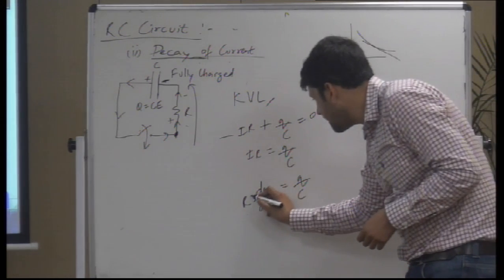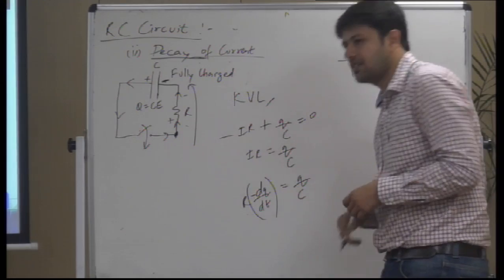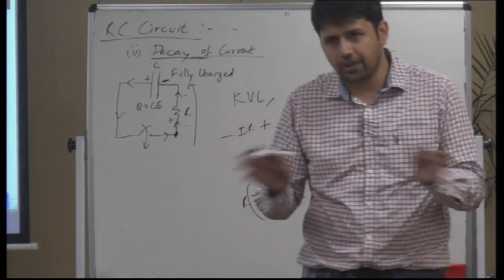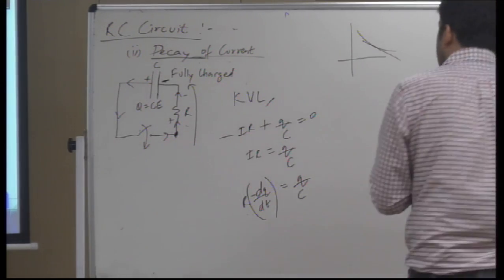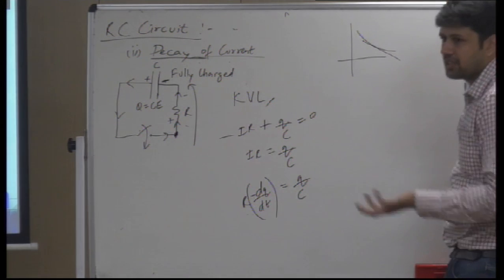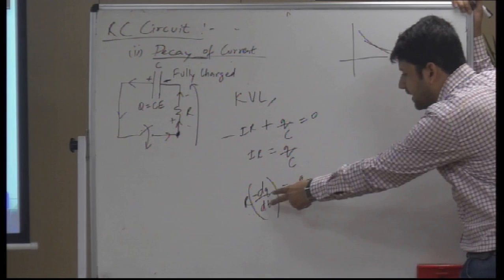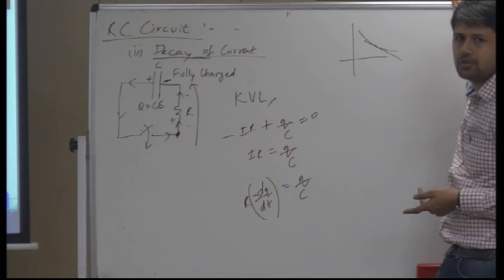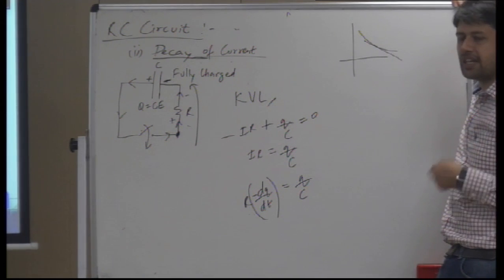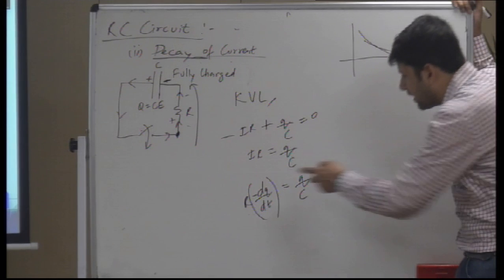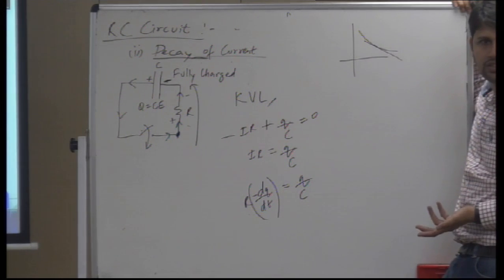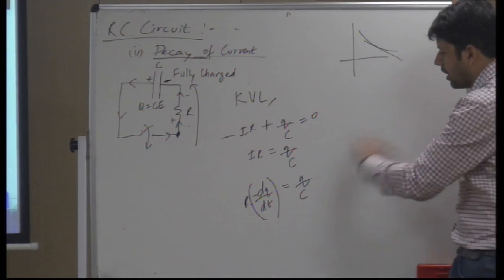We place a negative sign here for this scenario. Getting my point? Charge is decreasing, so dQ by dt will give us a negative value, but current is positive. So to make it positive, we place another negative sign. Two negatives make a positive, right? Okay, so now you can solve.